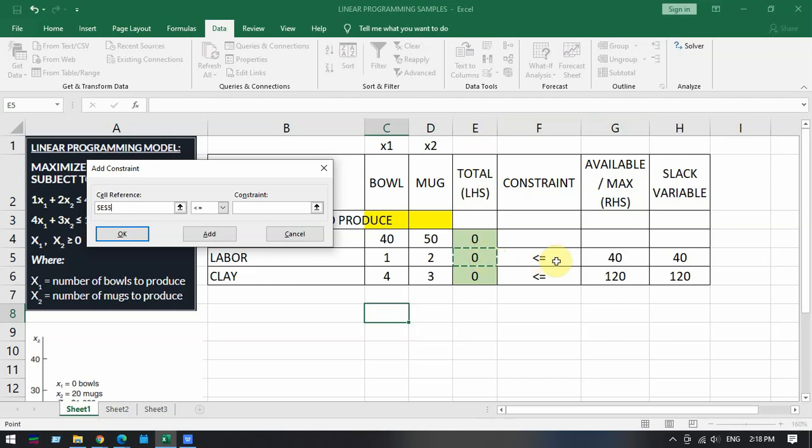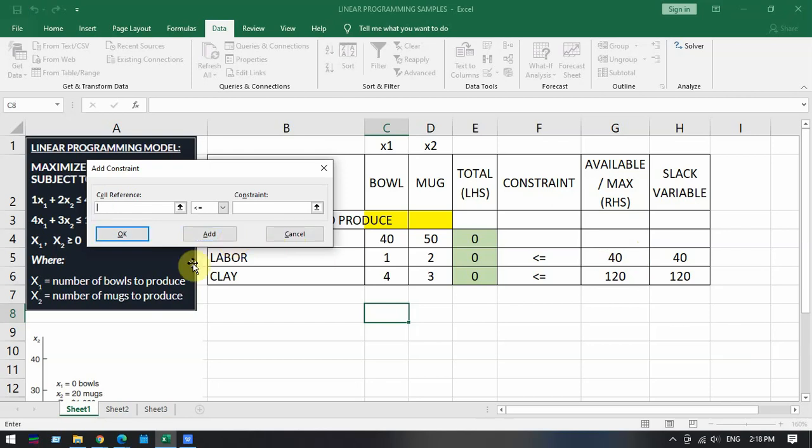And then our inequality constraint is less than or equal to. So we have to choose from here: less than or equal to, equal, greater than or equal to, etc. The default here is less than or equal to, so this is already okay. And then our second constraint is the right-hand side, which is 40. Then we can click OK if we're done, or we can click Add if we still have one more constraint to add.